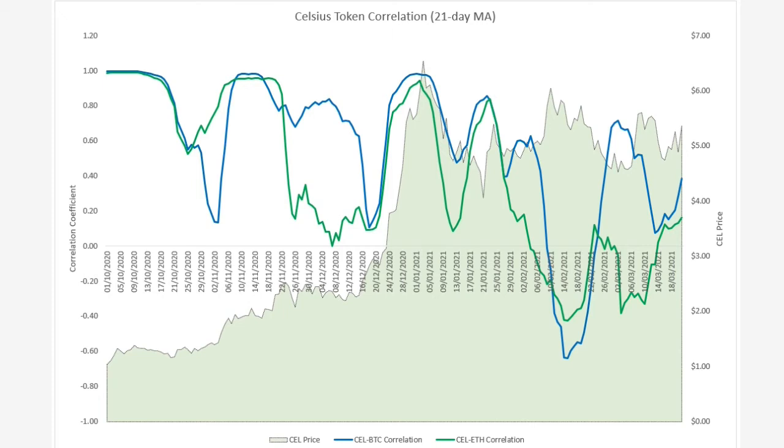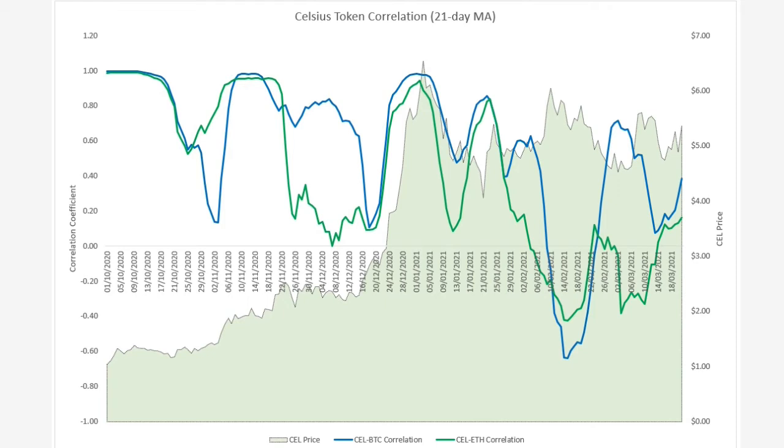Overall, 21 days is a good level to look at without removing too much detail, but at the same time removing some of the noise and giving a clearer picture and conclusion. So just bear that in mind.